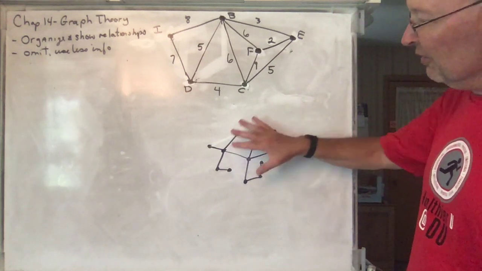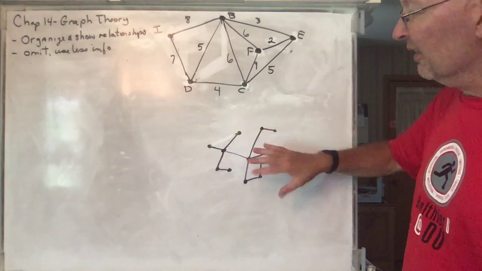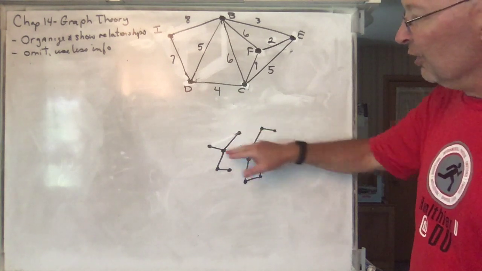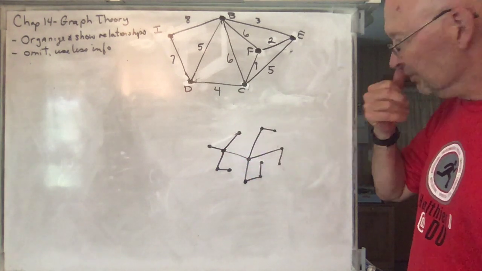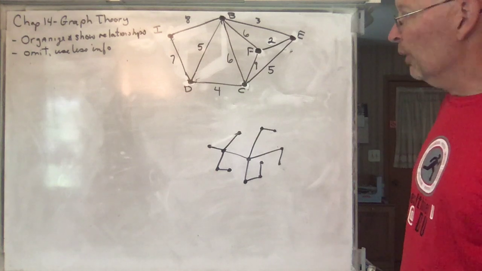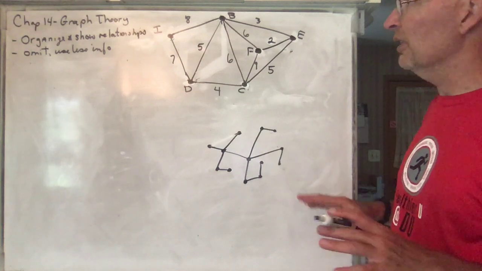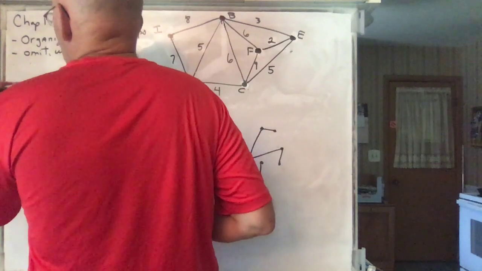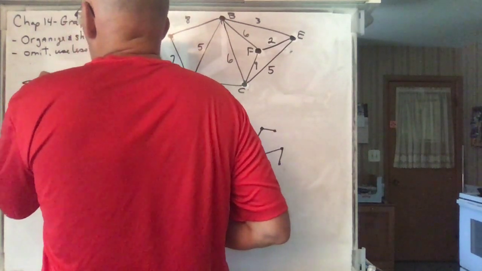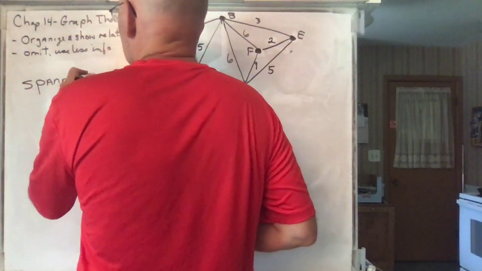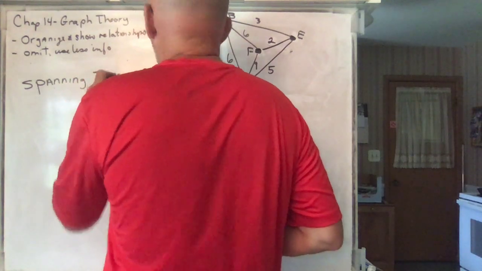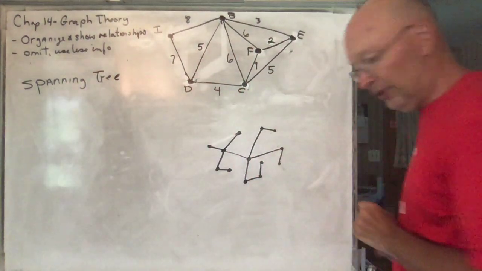So this is called a tree when you connect things like this without having any circuits. And we want a spanning tree. A spanning tree is a tree that connects all the vertices, okay? Not just some of them, but all of them. So that's what we're after.